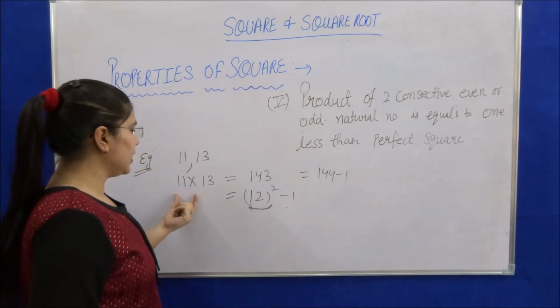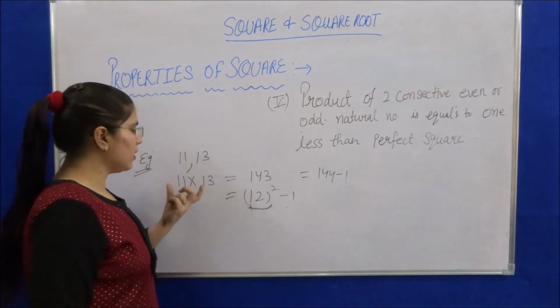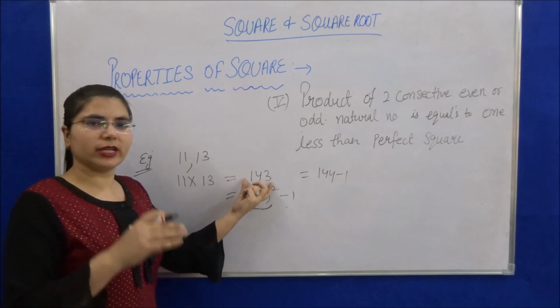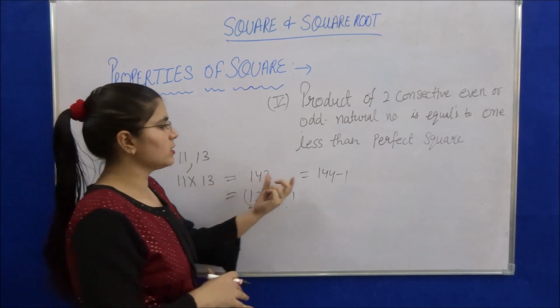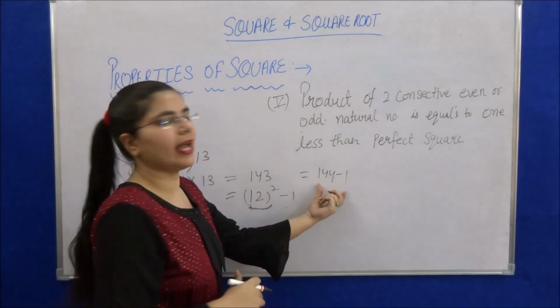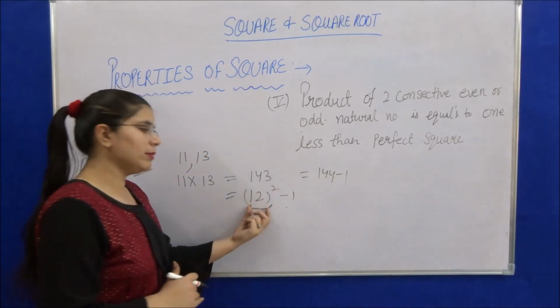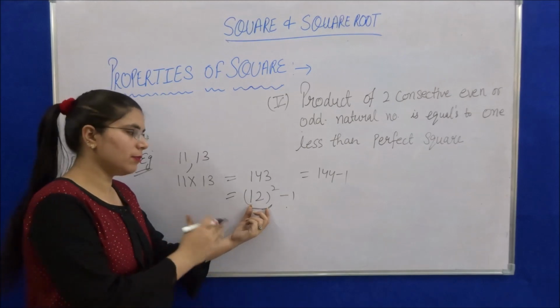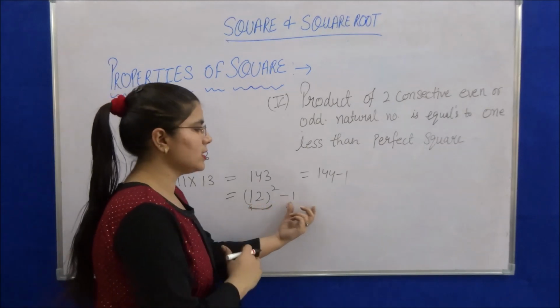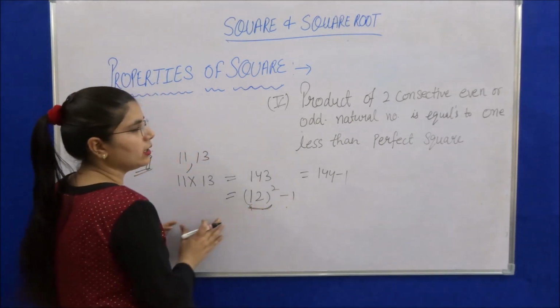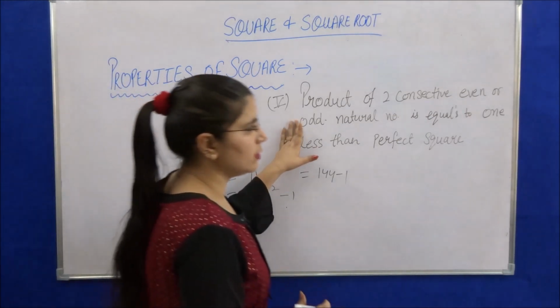So here 11 and 13 are odd numbers. When we get the product of these numbers, we get 143, which can be written as 144 minus 1, and 144 can be written like 12 square, which is a perfect square, and minus 1. So this property is explained.